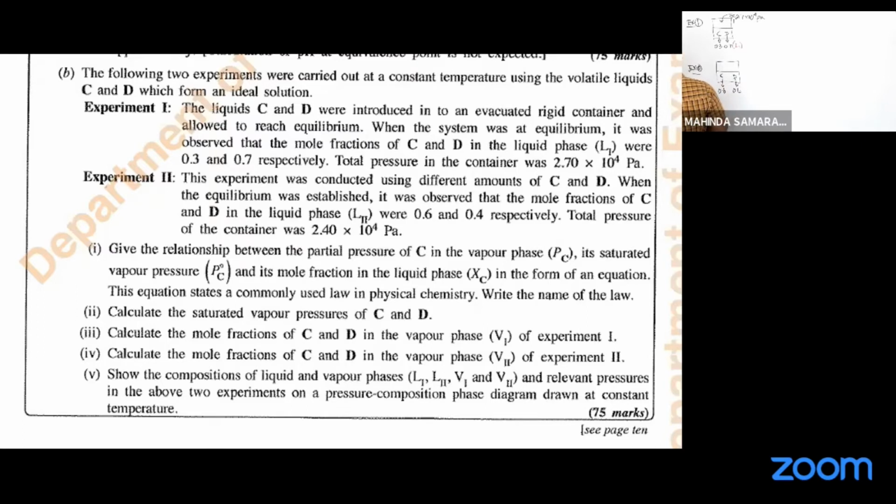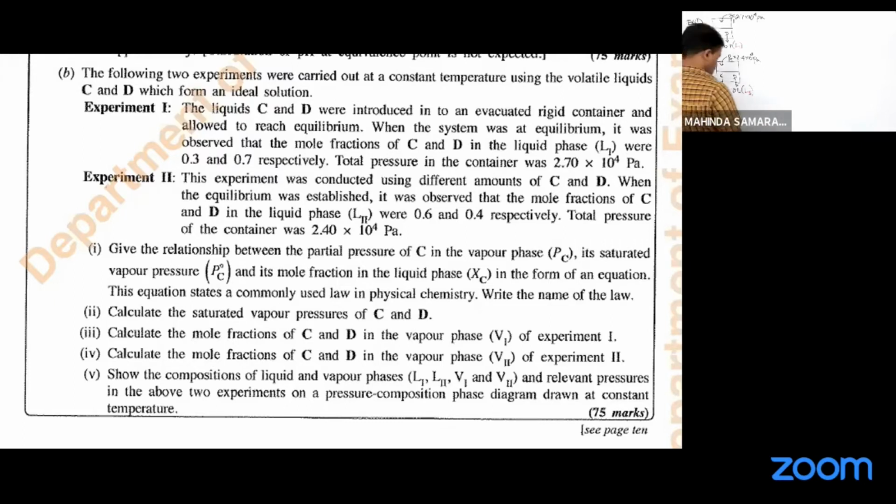Those are the mole fractions of the liquid phase, given as L2, the second liquid composition. The total pressure in this system is given as 2.4 into 10 to the power of 4 Pascal.